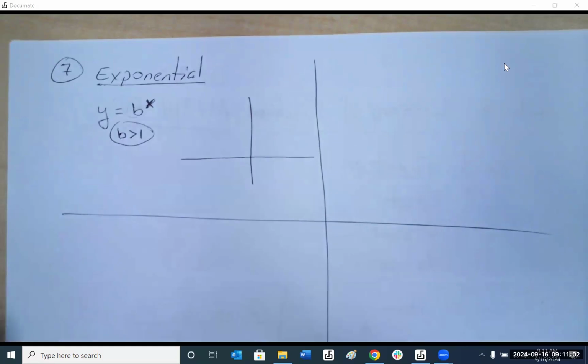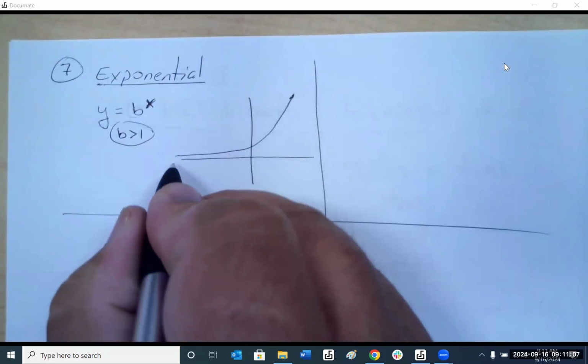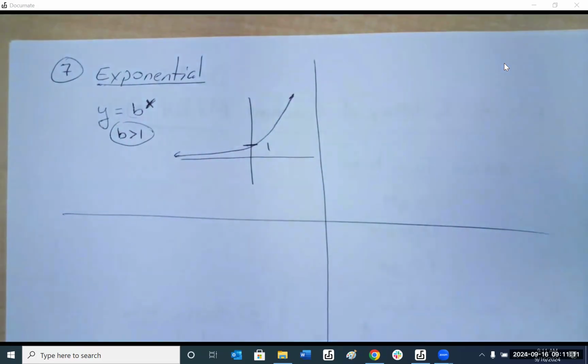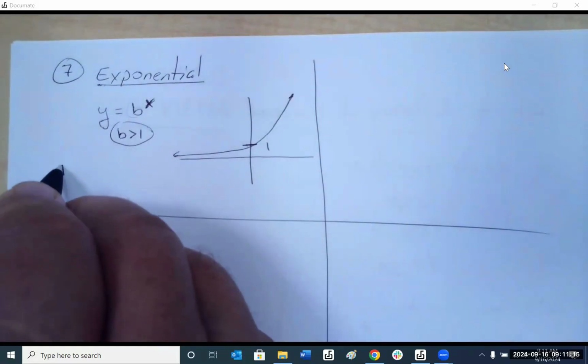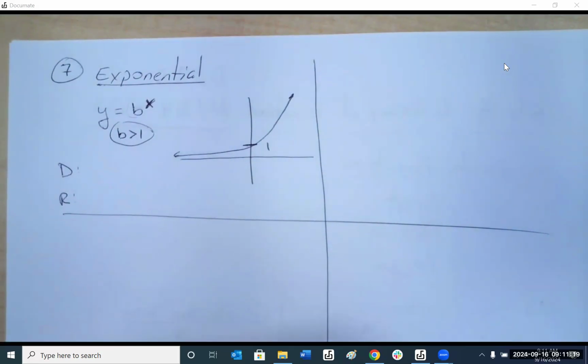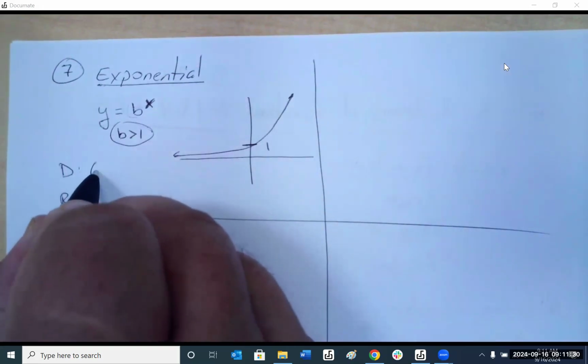Now, any exponential function has this graph. And it always crosses through 1. The domain and the range? What's the domain? Yeah, all real numbers.